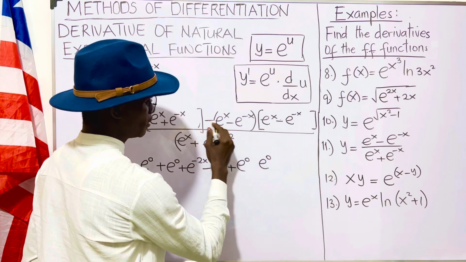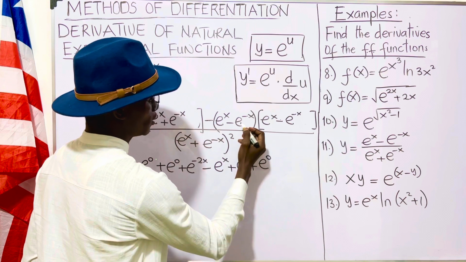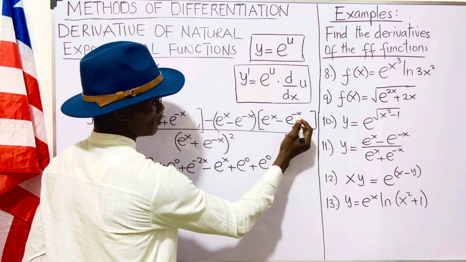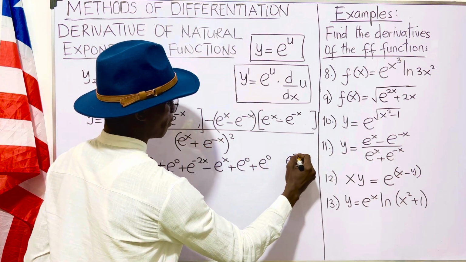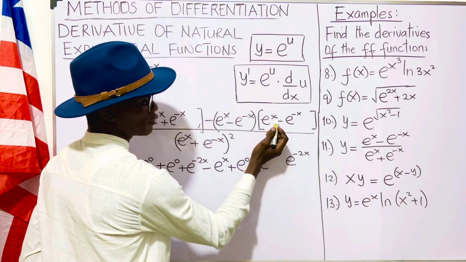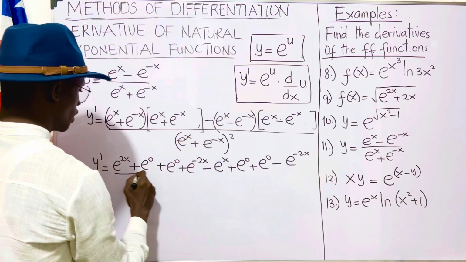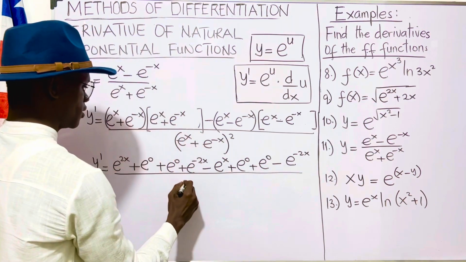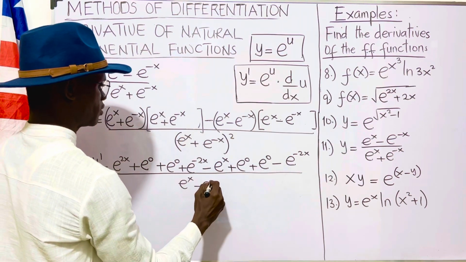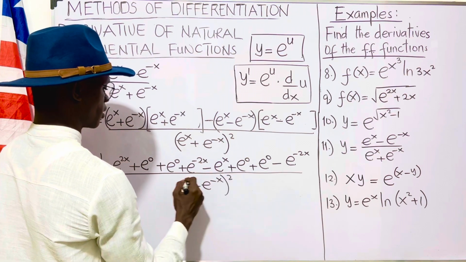And then positive times negative is also negative. e raised to the power minus x times e raised to the power minus x is e raised to the power minus 2x. Negative times negative is positive, times this one is negative. All divided by e raised to the power x plus e raised to the power minus x, all squared.